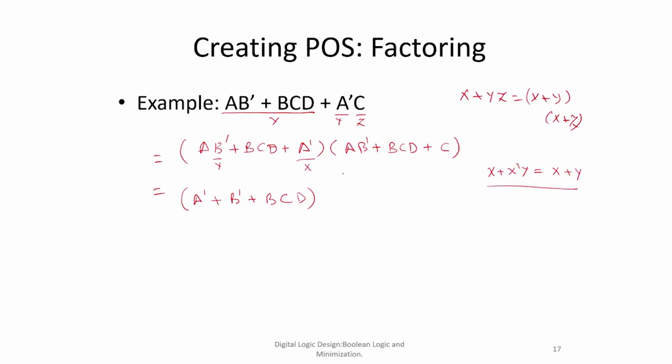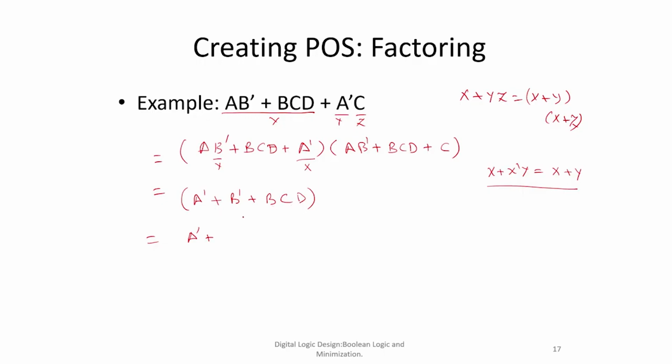Now we can do more simplification later, but let's first focus on this particular sum term. So here a'b' plus bcd. Again I can use this elimination theorem and I can call it a' plus now b' plus bcd.